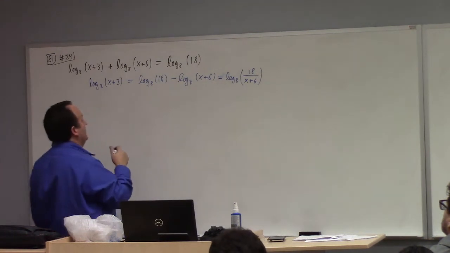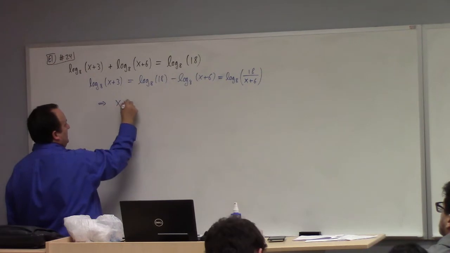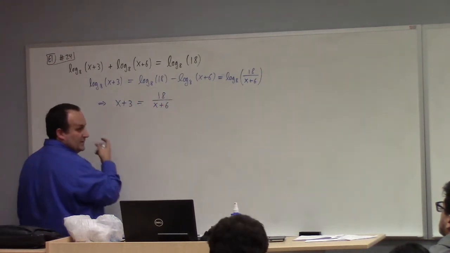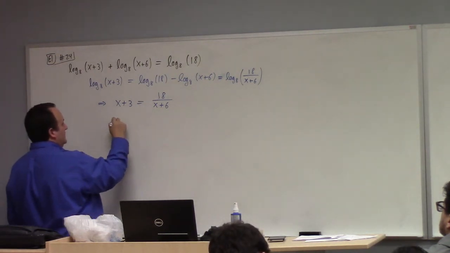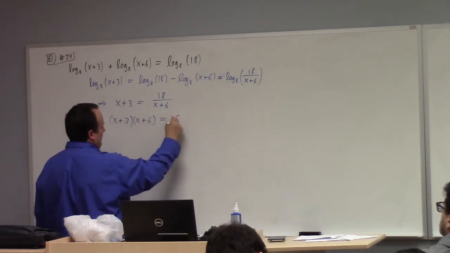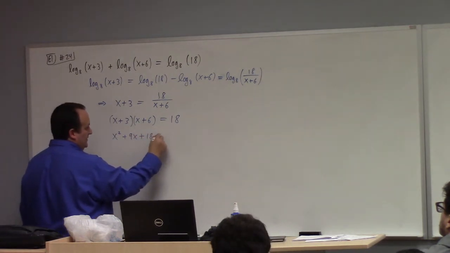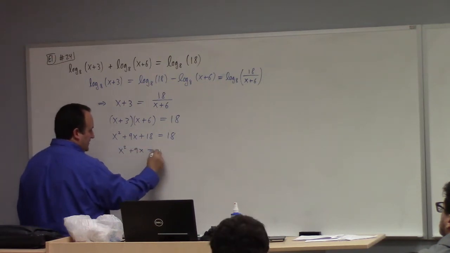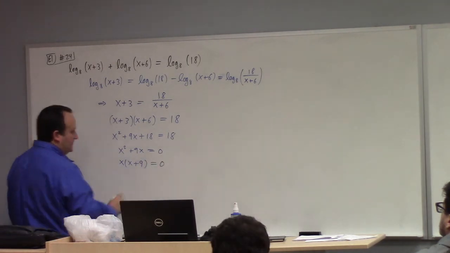right? And then by the one-to-one property for the log, that implies that x plus 3 is equal to 18 over x plus 6, which then gives us that x plus 3 times x plus 6 equals 18, which gives us x squared plus 9x plus 18 equals 18, which gives us x squared plus 9x equals 0, which gives us x times x plus 9 equals 0.